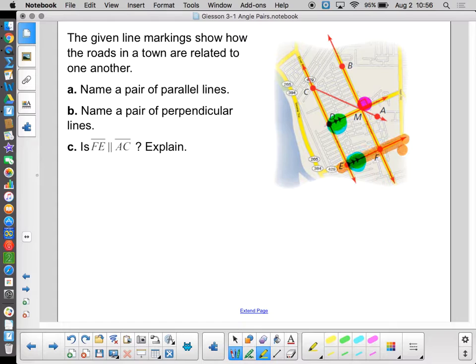So FE and AC, are they parallel lines? Well, according to the picture, they don't intersect. We don't see them intersecting, but common sense tells us that they're probably going to intersect if we just extend them a little bit more. Boom, we're going to get a point of intersection. So just because they aren't drawn intersecting doesn't mean they don't intersect, because lines are infinite. They go on forever.